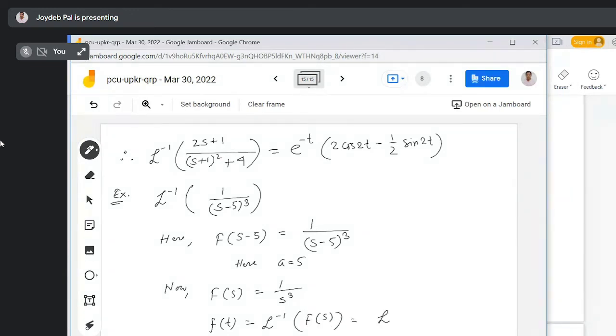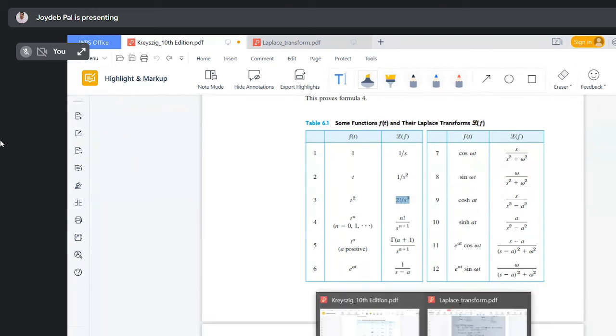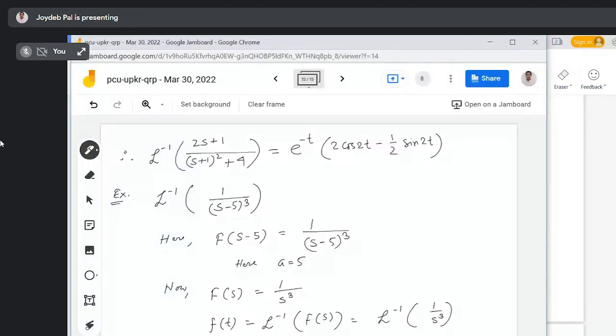So Laplace inverse of 1 by s cube. Can you find such type of function 1 by s cube in the table? Sir, 1 by 2t square. देखो this one, right? 2 by s cube I have in the tabulated form. 2 by s cube. So you multiply it by 2 and divide it by 2. Okay.